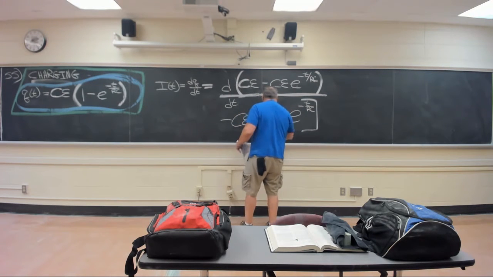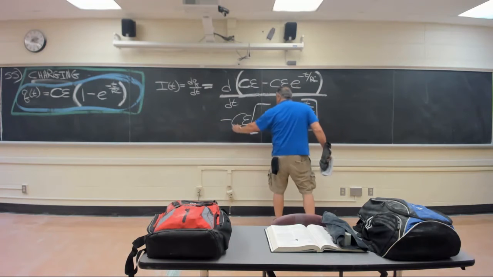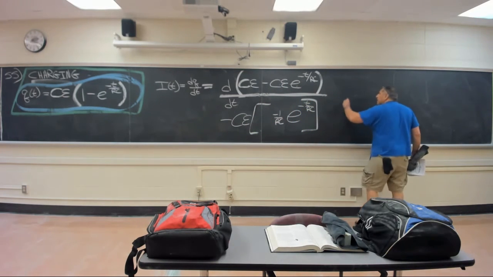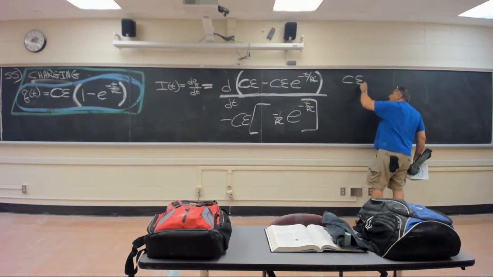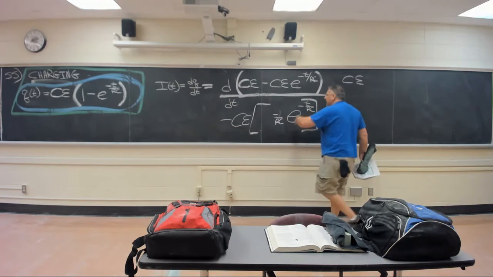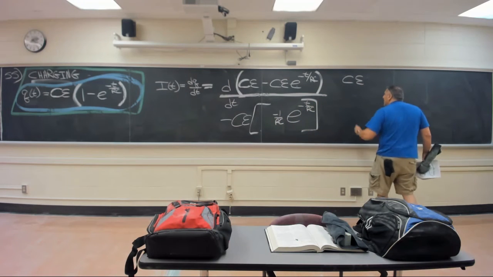So we got this. What is a negative times a negative? It's a positive answer. Let's try it again. A negative times a negative is a positive answer.